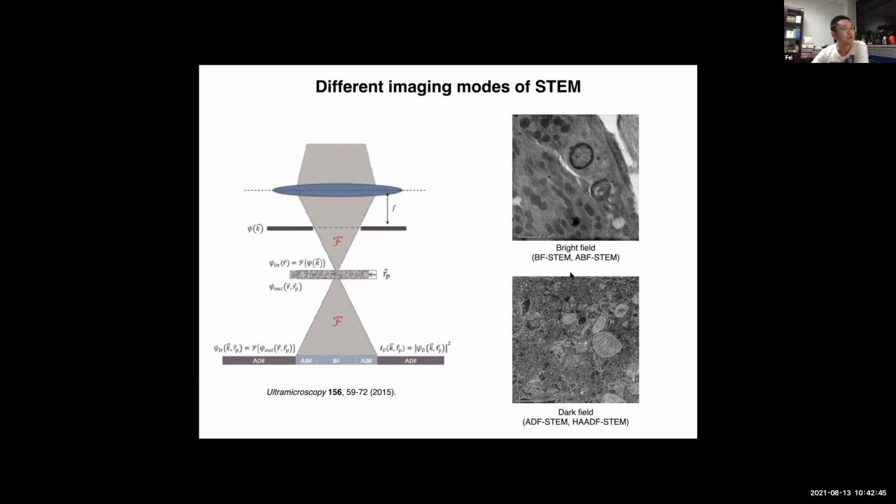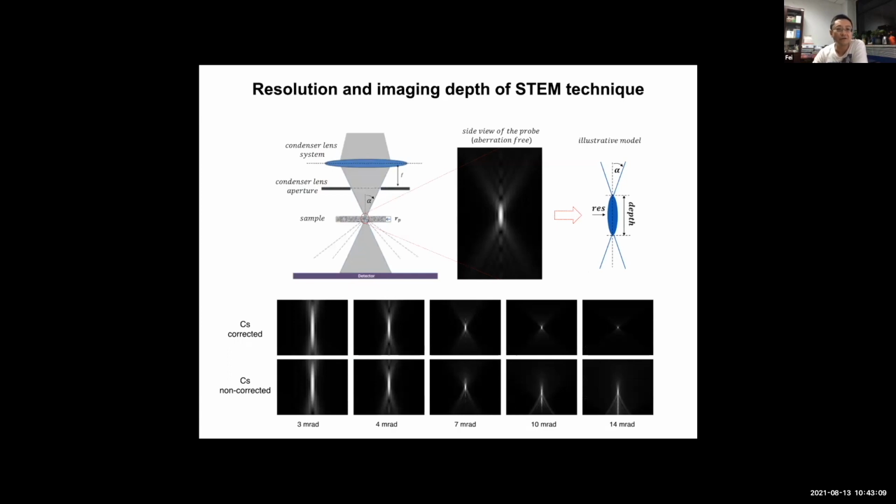As we can see, for bright field STEM, we can get an image just like the conventional TEM. And for dark field STEM, we can get an inverted micrograph image compared to conventional TEM. And how about the resolution and the depth of section of STEM?